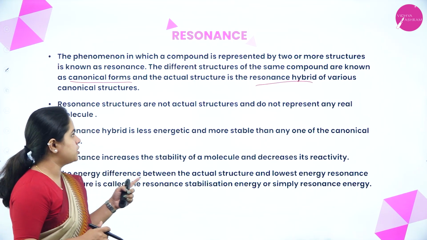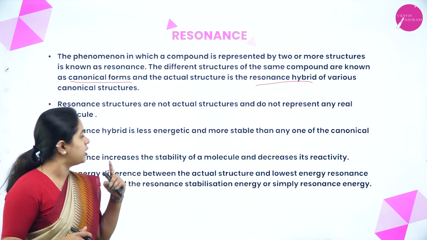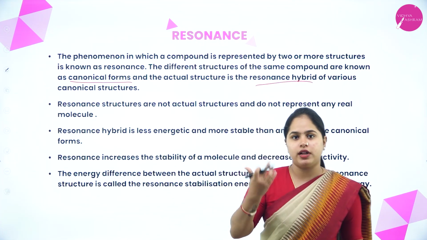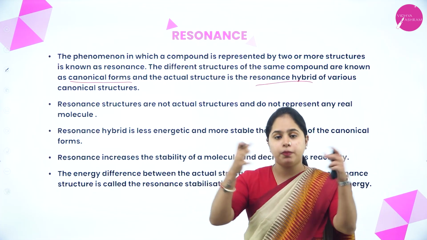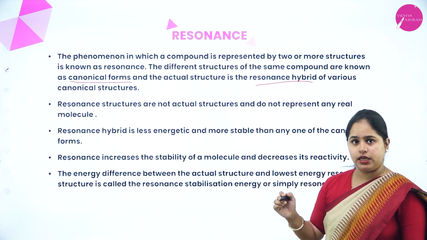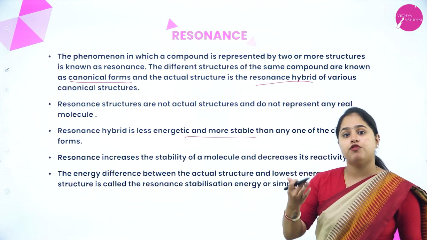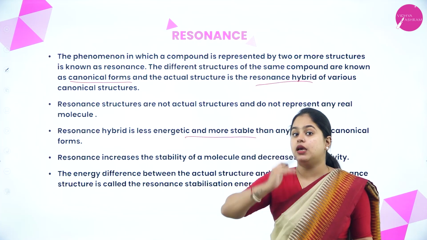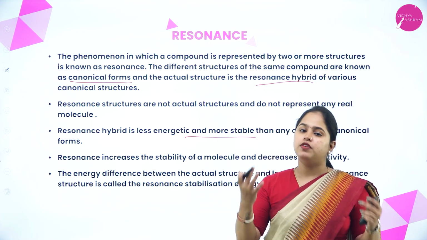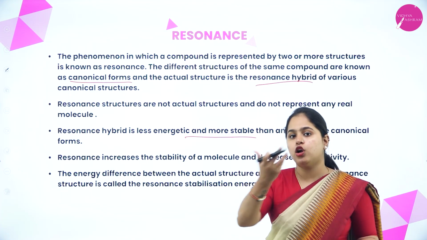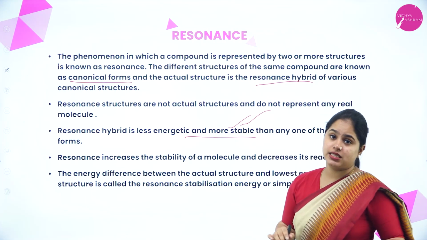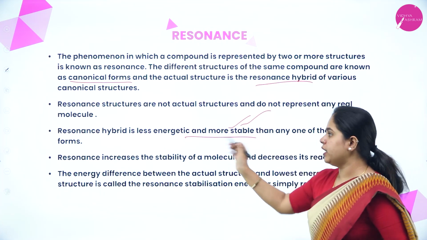Now, the resonance structures are not actual structures and do not represent any real molecule. None of these different structures can be told as the actual structure. The hybrid will be the actual structure. Now, the resonance hybrid is less energetic and more stable. We know that if the energy is least, the stability will be more. So the resonance hybrid will have less energy than all of these canonical forms, and it will have higher stability than any one of the canonical forms.